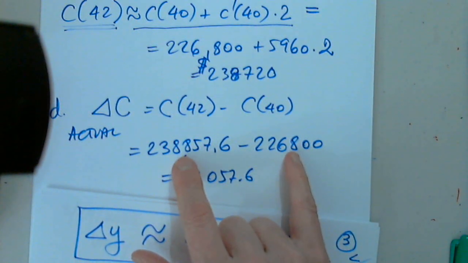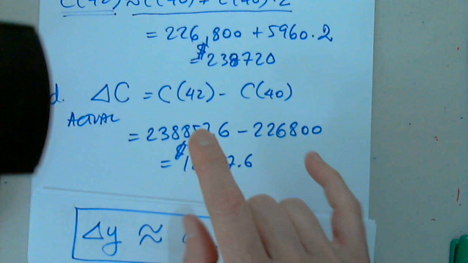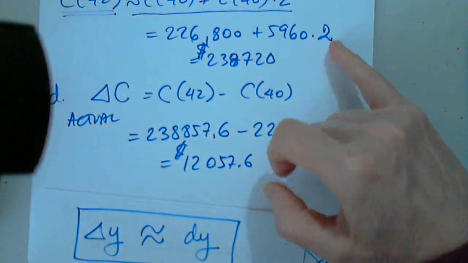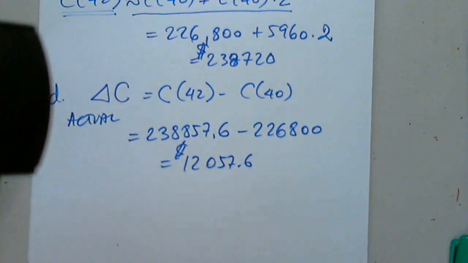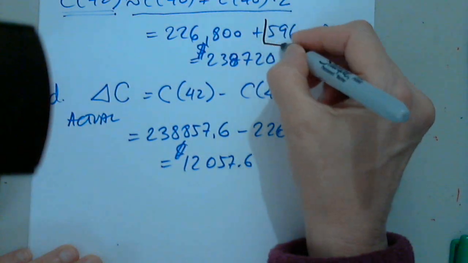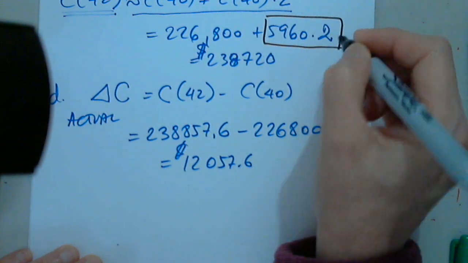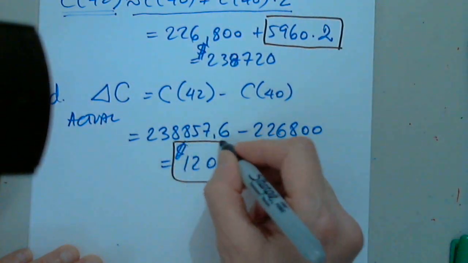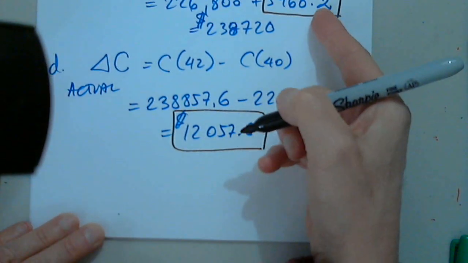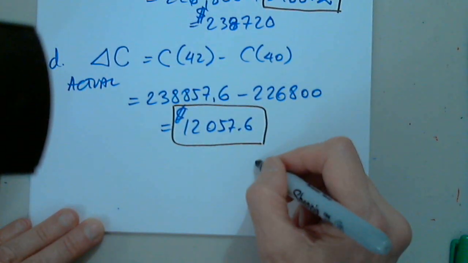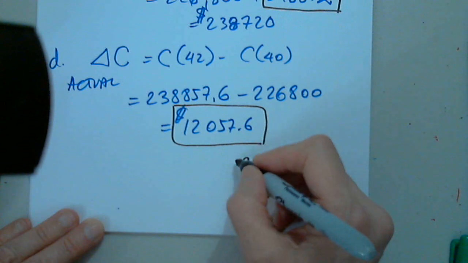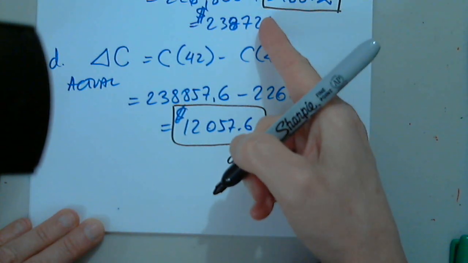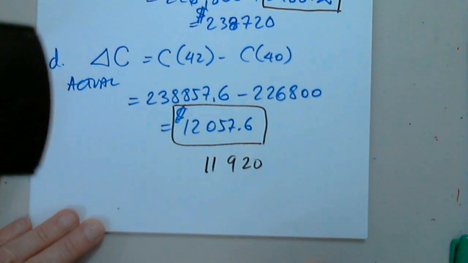You saw how we plugged this in, right? Yes, correct. And then we subtracted them. Now, if you want to compare, then we should compare these two. They have to be close. So let's multiply.